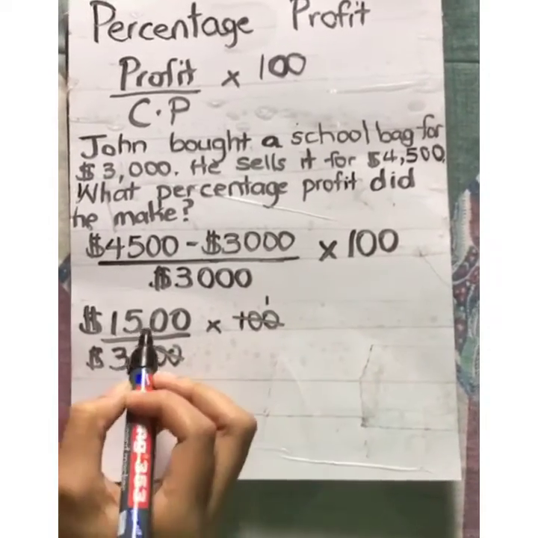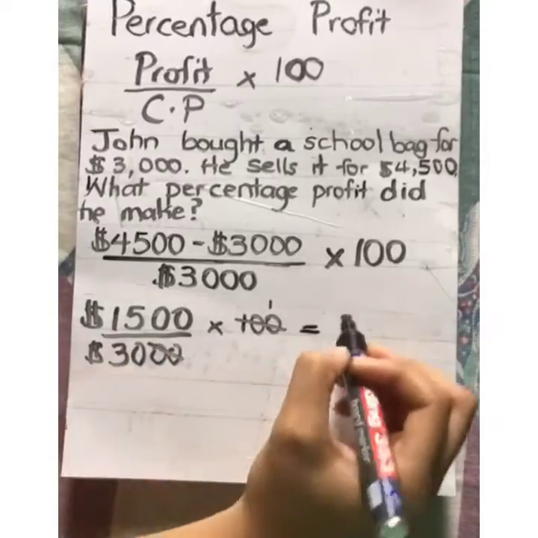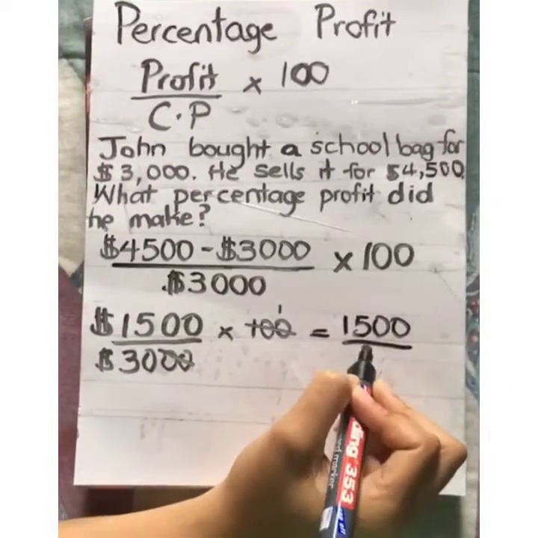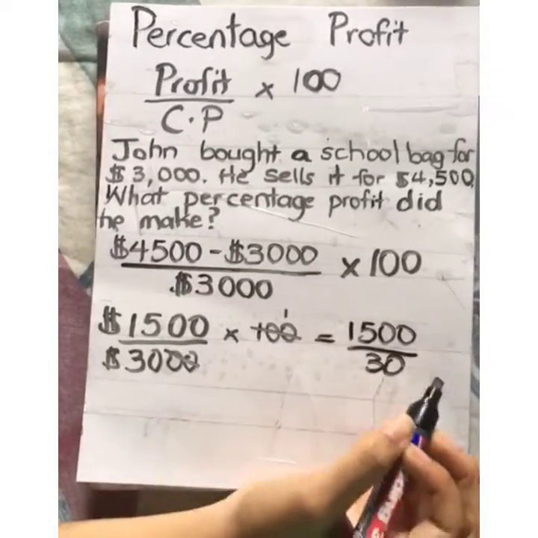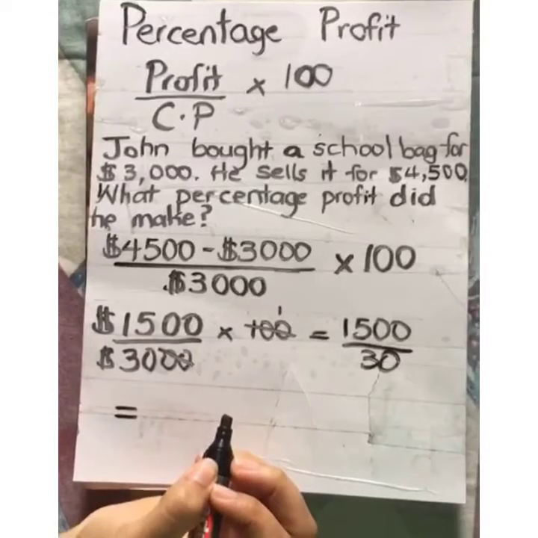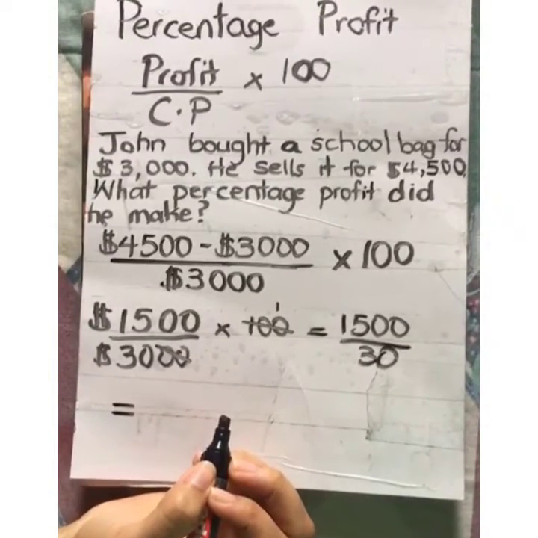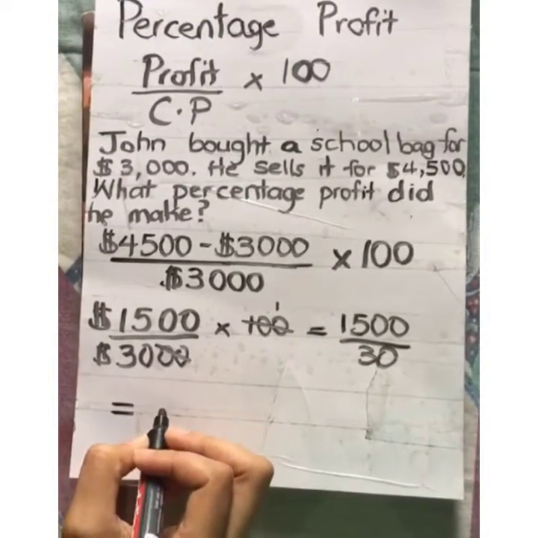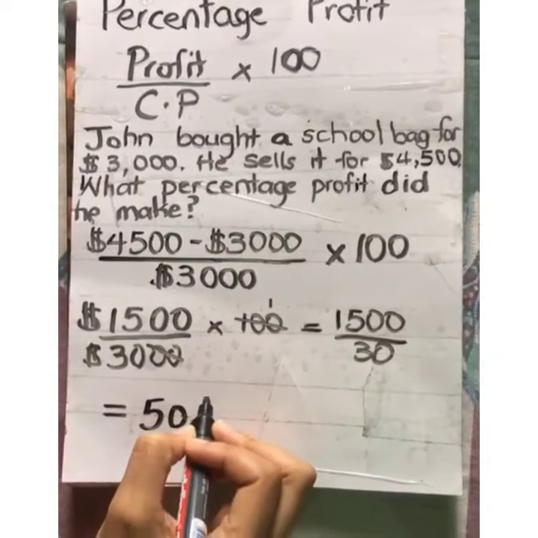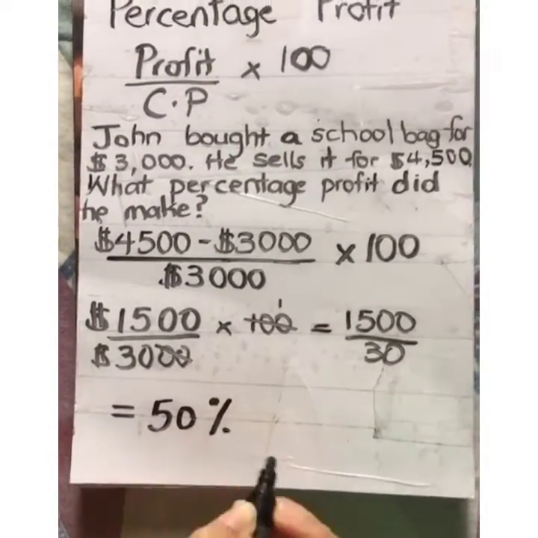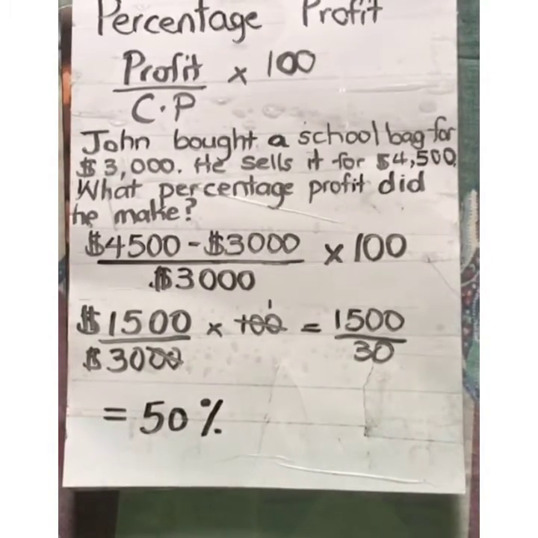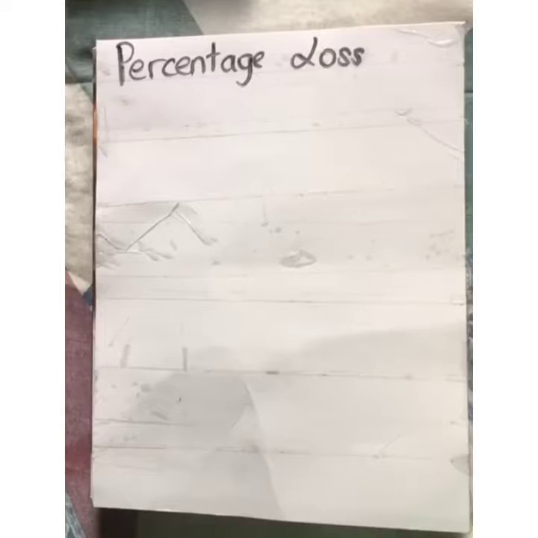So we can say 1,500 divided by 30 is equal to 50. And remember your percentage sign. So therefore, he made a 50% profit.